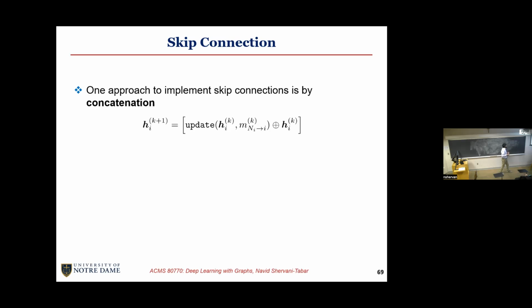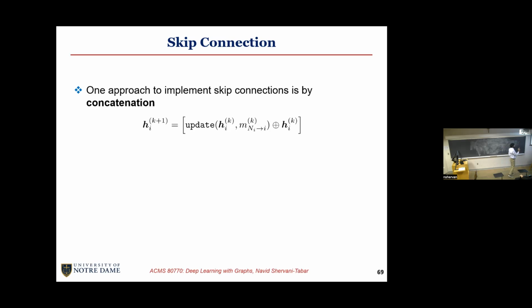One approach to do so is using a concatenation. So let's say that we have some aggregation function. Using this aggregation function, we have constructed a message. And then we have combined this message using the update function with the previous embedding of node vi at layer k.